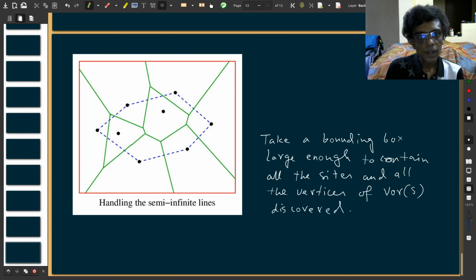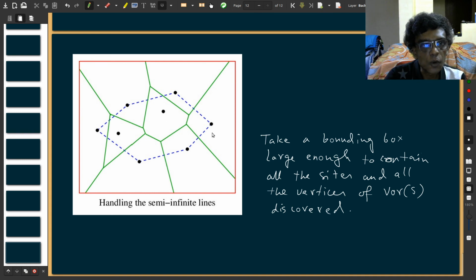Then what do you do? You know the semi-infinite lines correspond to the perpendicular bisectors of the adjacent vertices of the convex hull. You already have this convex hull, right? So now you just do this. Consider these two adjacent points on the convex hull.